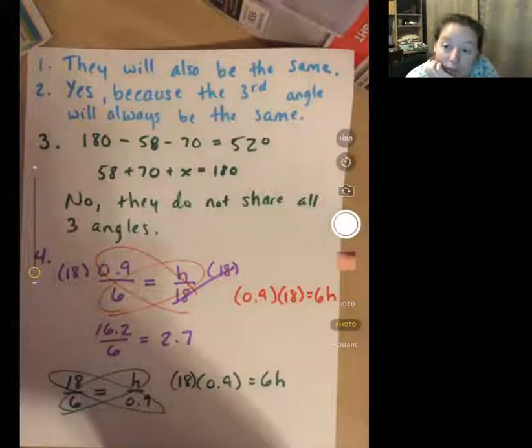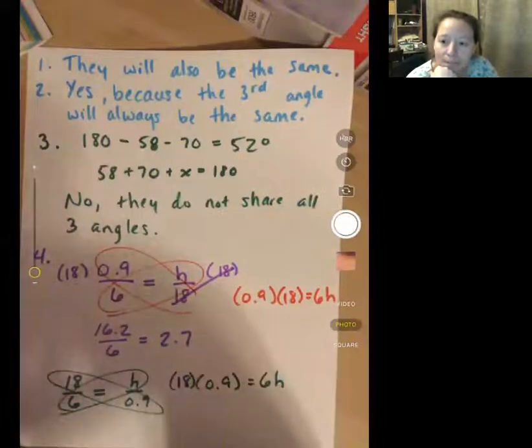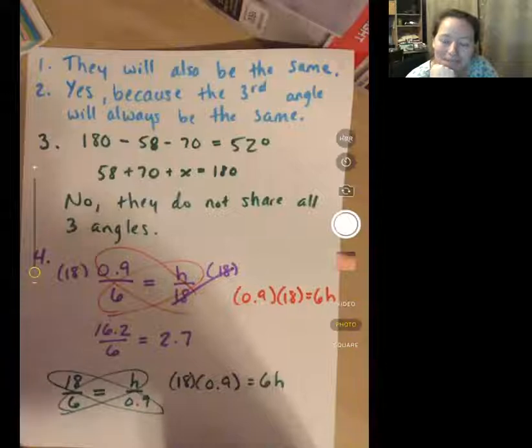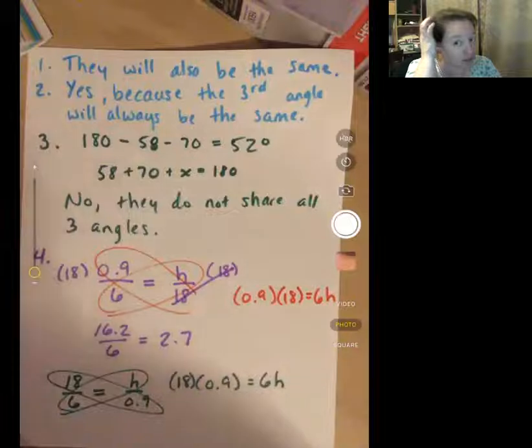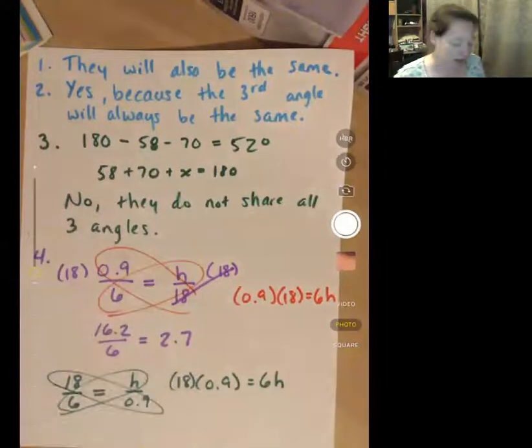We know with multiplication, we can switch it around whichever way we want. That is the same problem. So it's one of the reasons why they weren't having us use the butterfly method. All right.